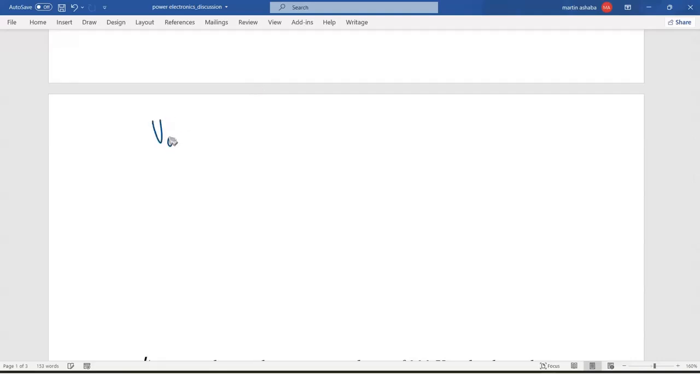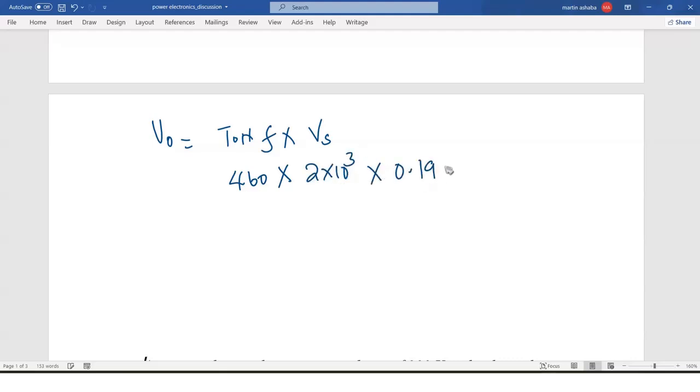We know the output voltage is defined by T on times f times Vs. We know Vs as 460, so we multiply by 2 times 10 to the power 3, and by 0.19 times 10 to the power negative 3, because milliseconds is exponent negative 3.